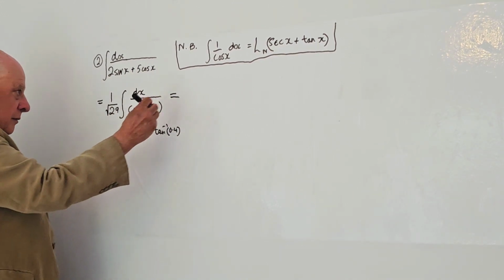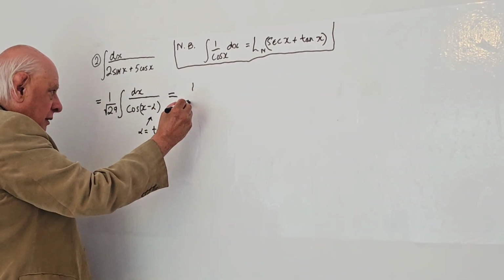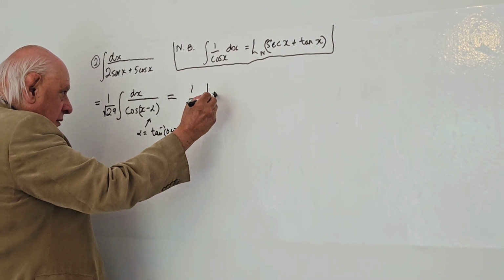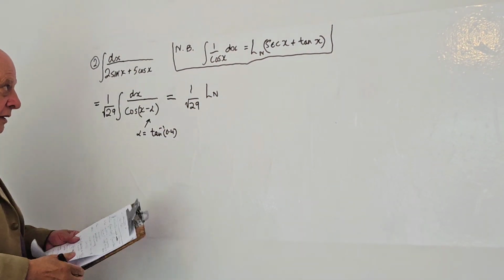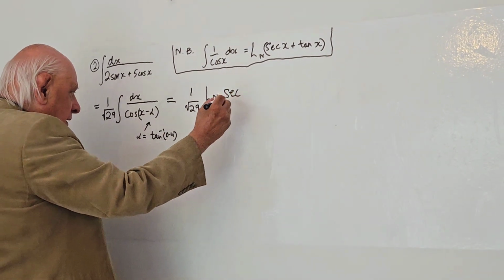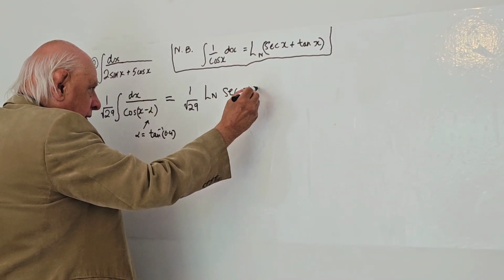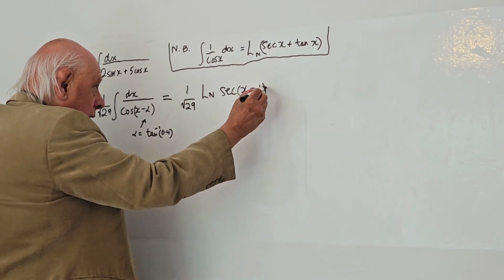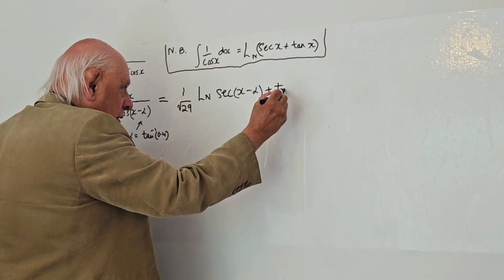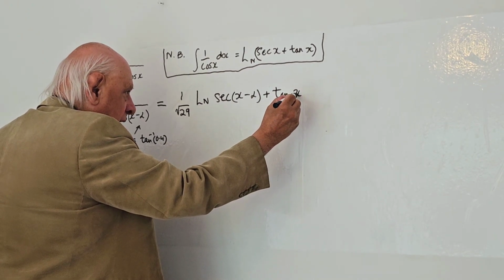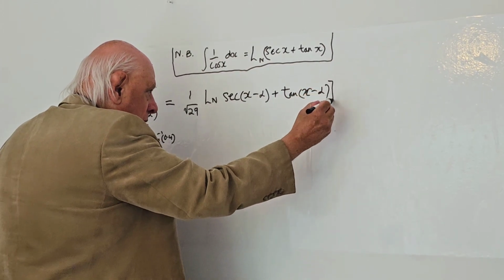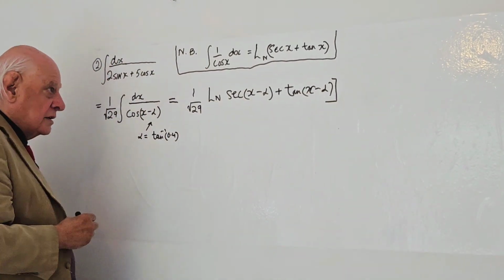So, moving on from here, we can straight away write down our answer as log to base e of sec of x minus alpha plus tangent of x minus alpha, and that is it.